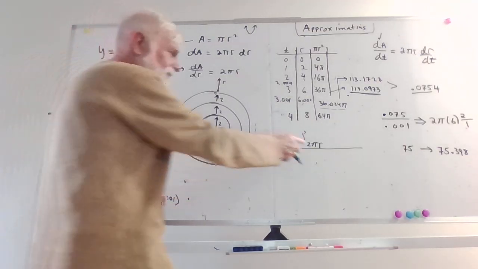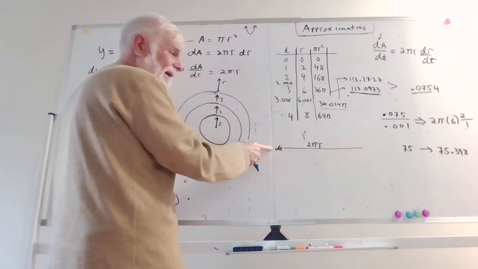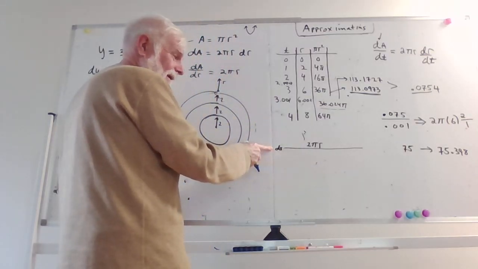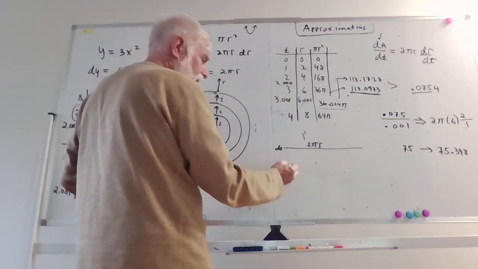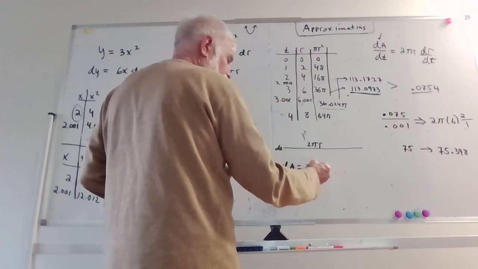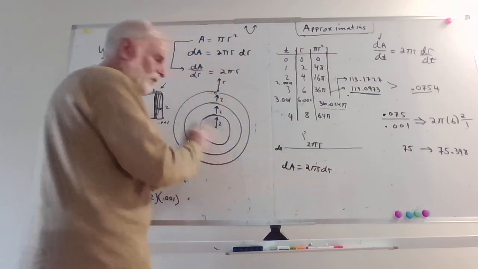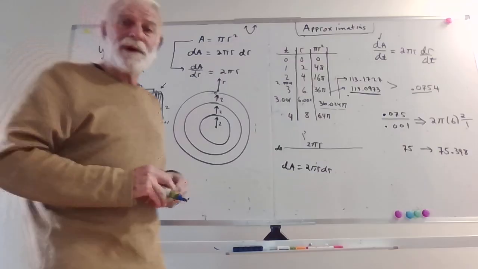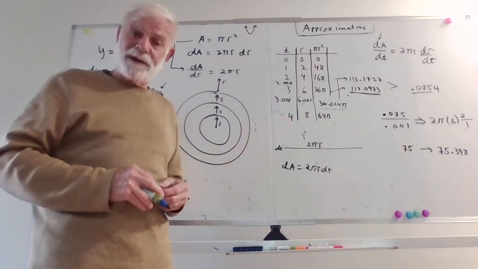Yes, the circumference of the circle is the layer, and if we give it a little bit of width, we got a rectangle here. And that is going to get us our little change in area, 2πr dr. But if our radius is also changing at a different rate, we have to account for that. And it looks like the numerics account for it.